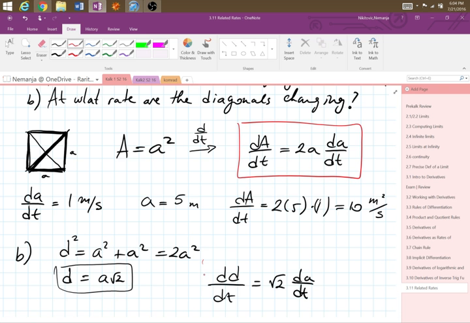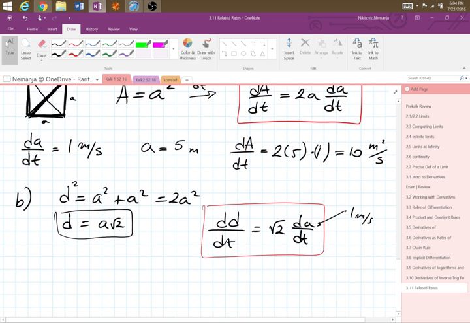So this is our mathematical model right here. We still have that da/dt is 1 meter per second, because it's still the same problem. And we get that the change in diagonal over time is square root of 2 meters per second. So if the side grows 1 meter per second, the diagonal will grow about 1.4 meters per second.